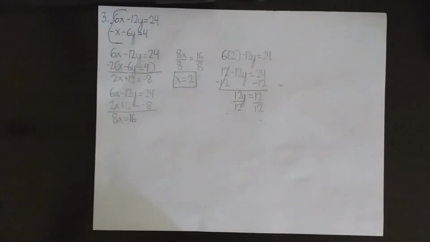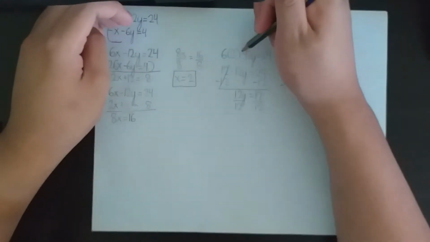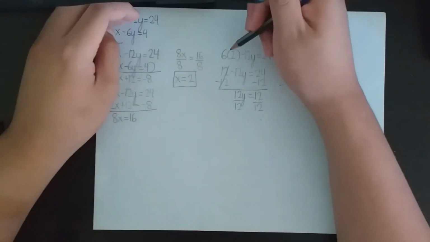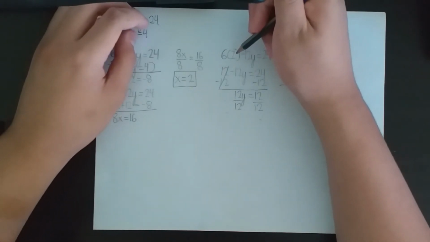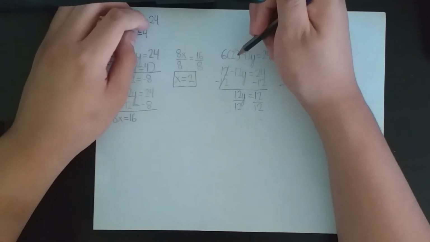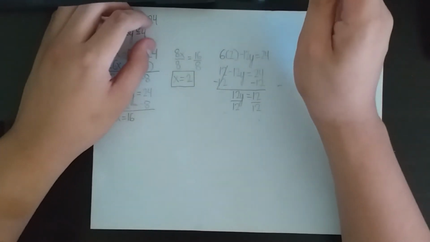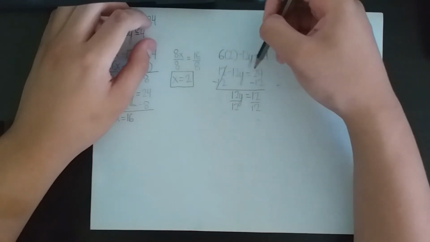And for our next one, we would be plugging the number 2 in for x in the first equation. So 6 will be multiplied by 2. It will turn out to 12. And we would move 12 to the other side.